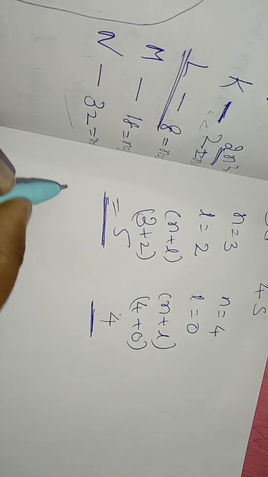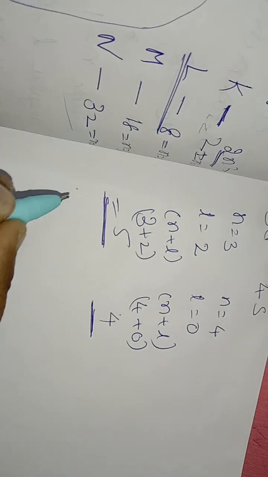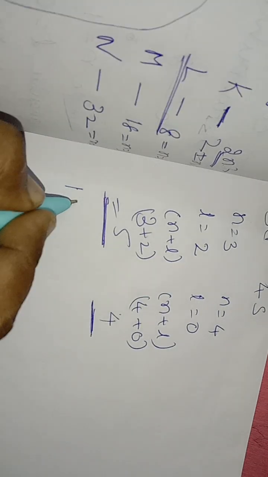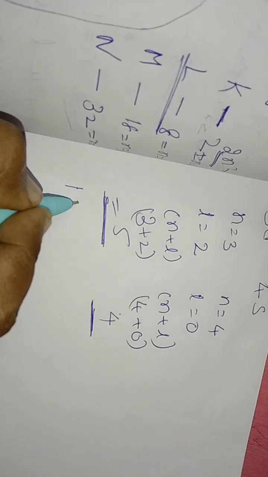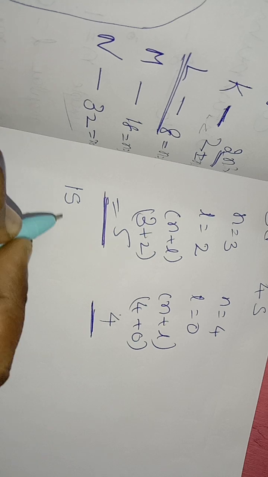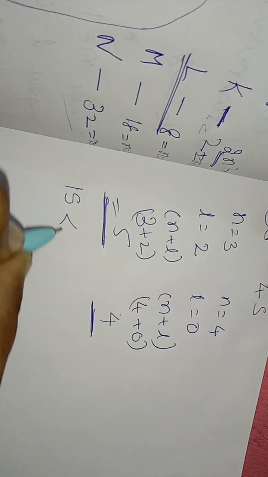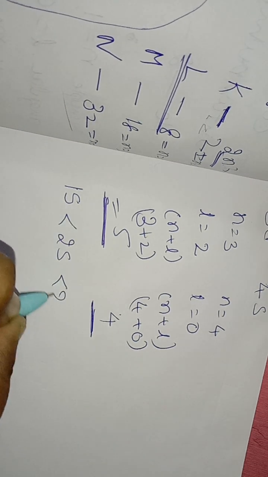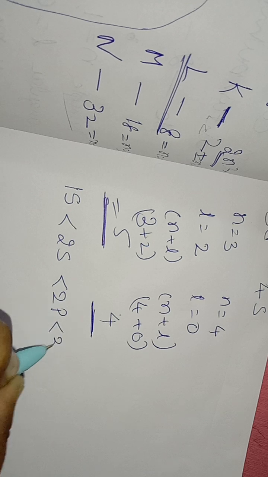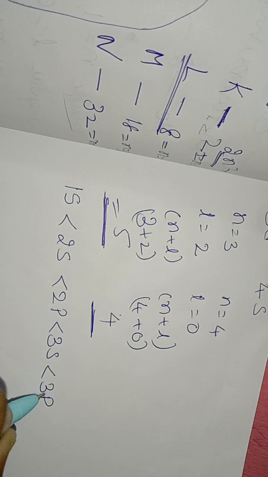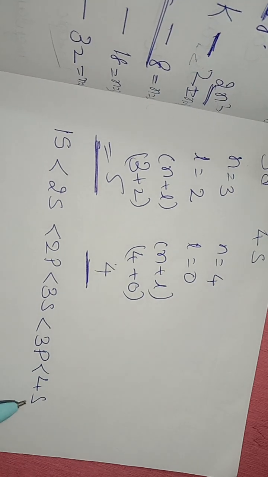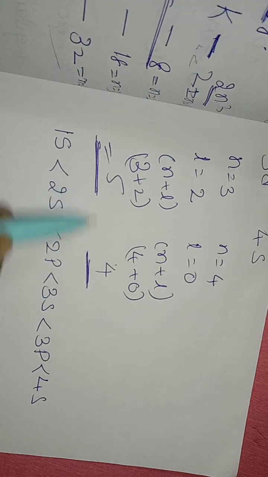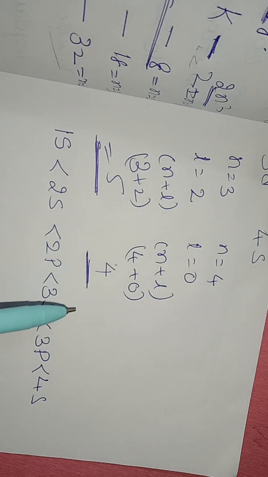So here we'll write the configuration. If you write energy levels in ascending order, 1s, next 2s, then 2p, you will get 3s, then 3p, then you will get 4s here. The reason why we are getting this is as follows. So in this way we can find the energy levels.